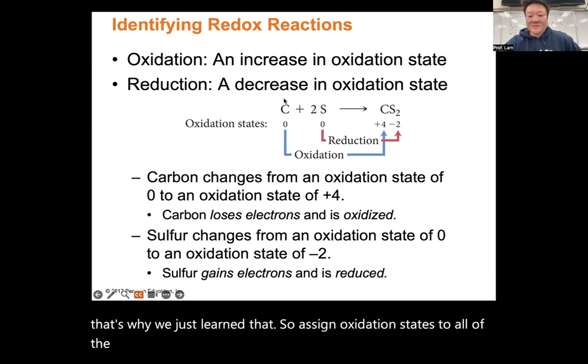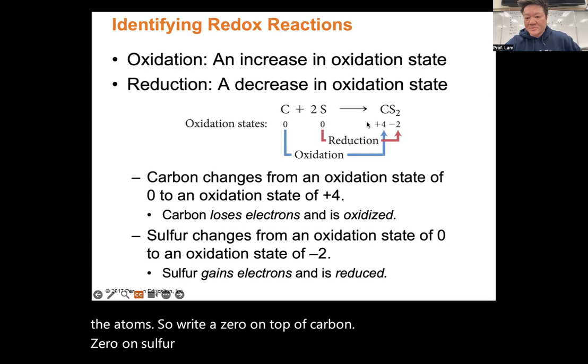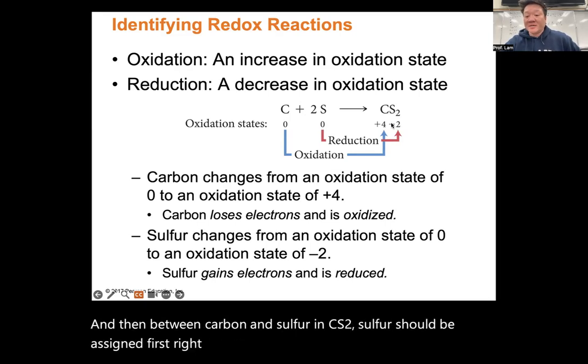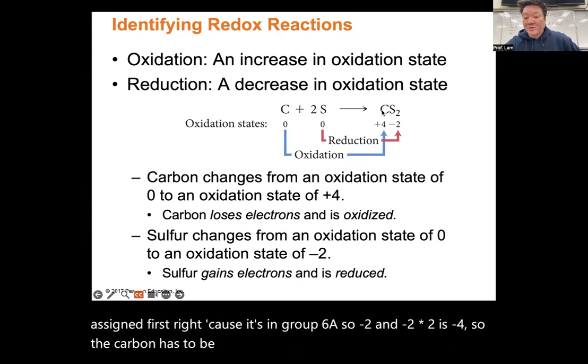So write a 0 on top of carbon, 0 on sulfur, right? Because these are elements. And then between carbon and sulfur in CS2, sulfur should be assigned first, right? Because it's in group 6A. So -2. And -2 times 2 is -4. So the carbon has to be +4, right?